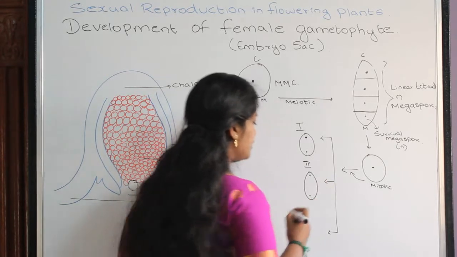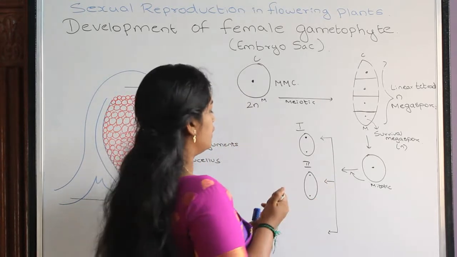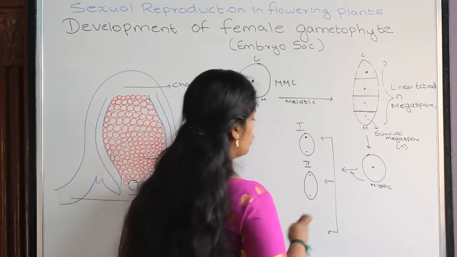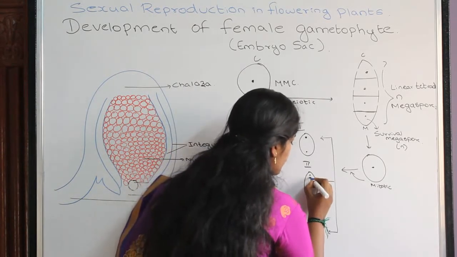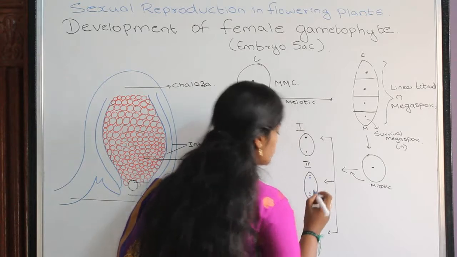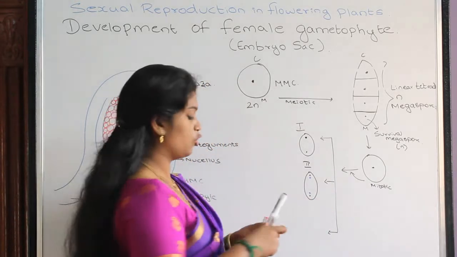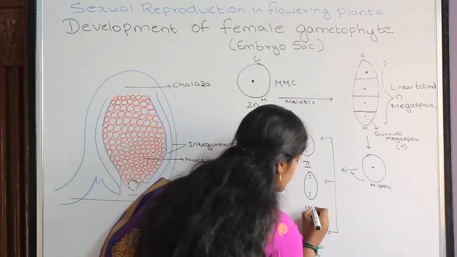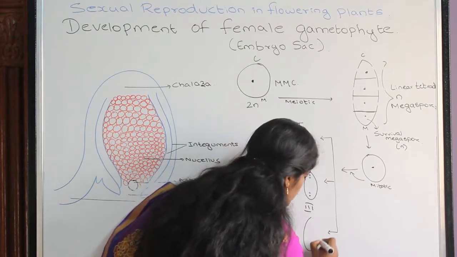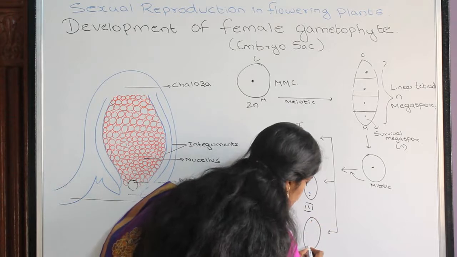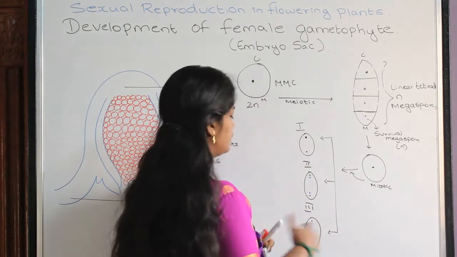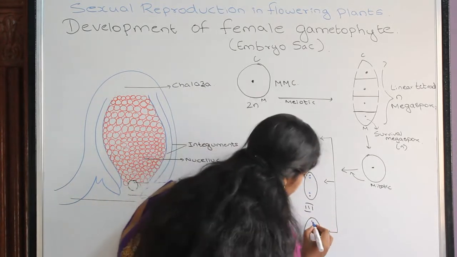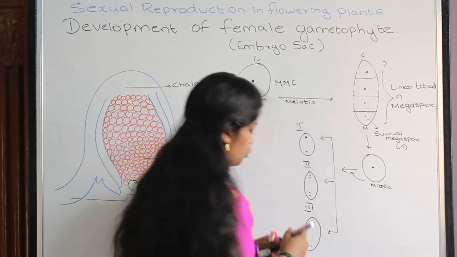This is the previously formed nucleus. Now the second set of nuclei gets formed. This is the second set of nuclei.